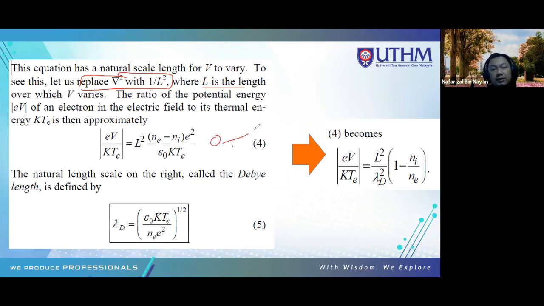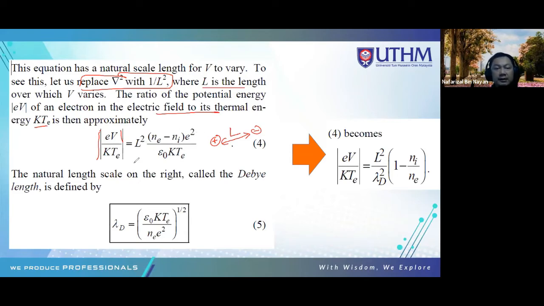If we have the positive charge here and the negative electron here, this is the length, the distance between the two particles. If we talk about the electric field and the thermal energy kTe, we can put this kTe and the L into these equations.